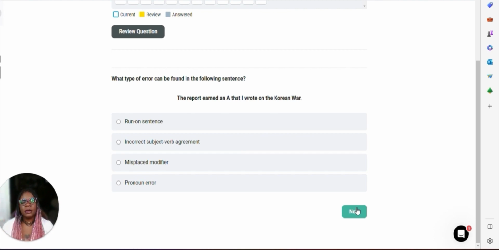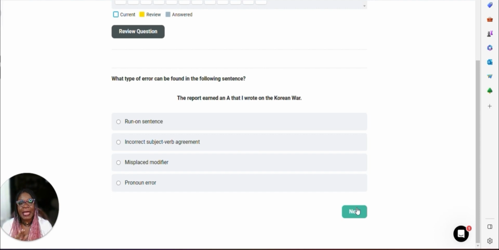All right, so for the next question, we have what type of error can be found in the following sentence? The report earned an A that I wrote on the Korean War. Is it a run-on sentence? Is it an incorrect subject-verb agreement? Is it a misplaced modifier?